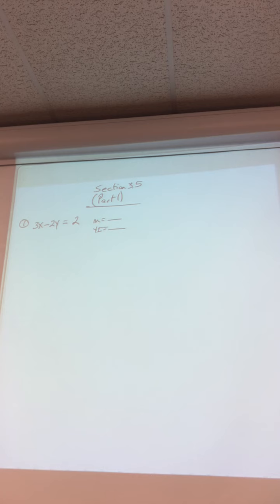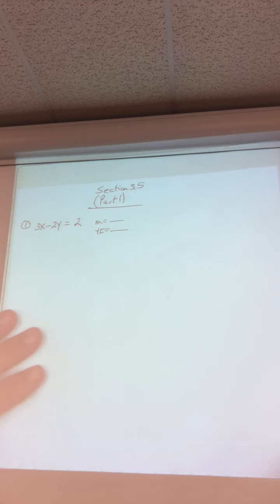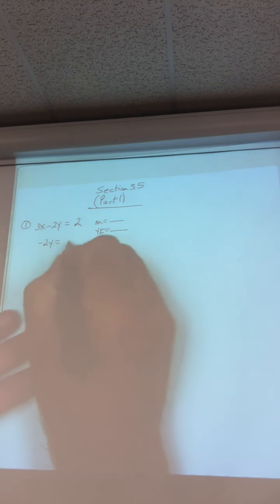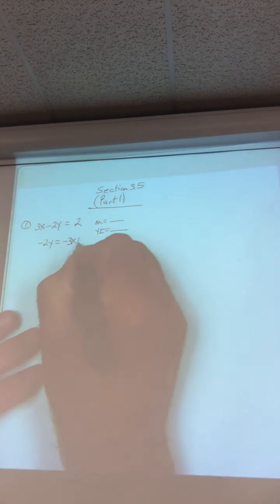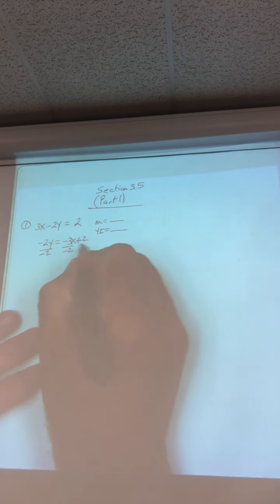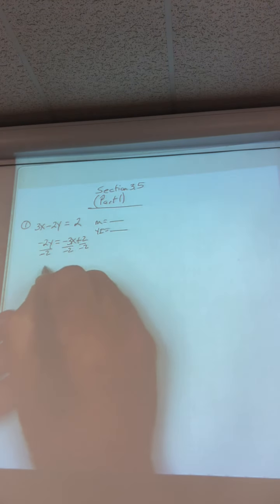We'll do that just like we did the last group of problems in the last section. To put it in slope-intercept form, first thing I have to do is solve this for y. So I'll subtract 3x from both sides, and then get rid of the coefficient of y by dividing. We talked last time about how to divide that separately.